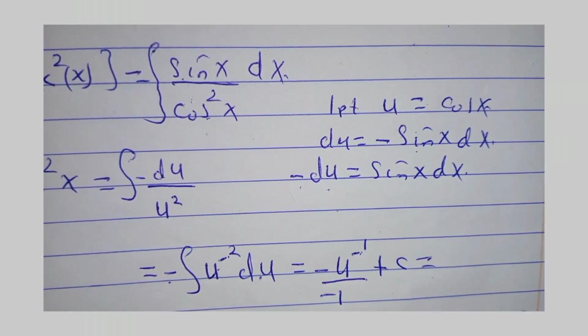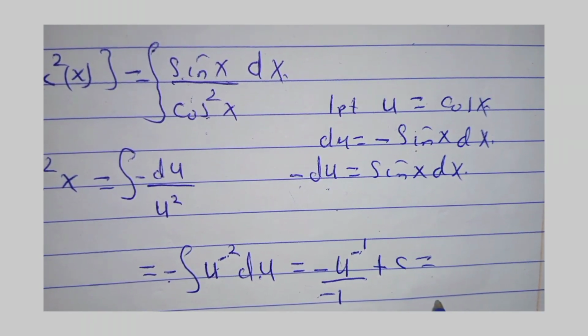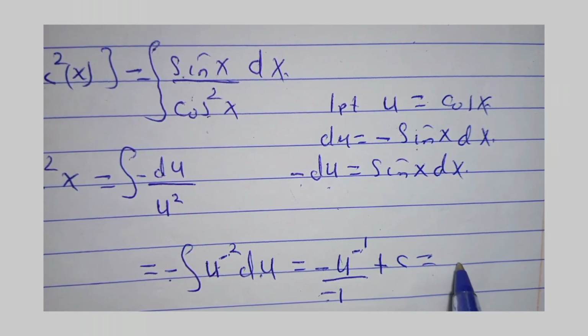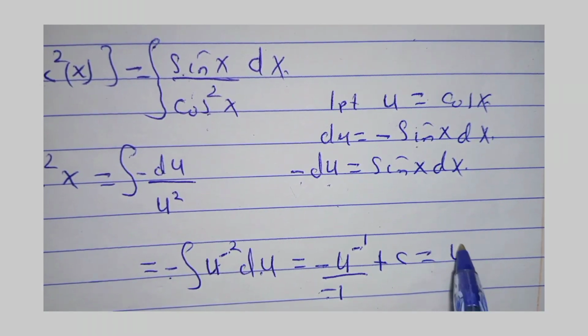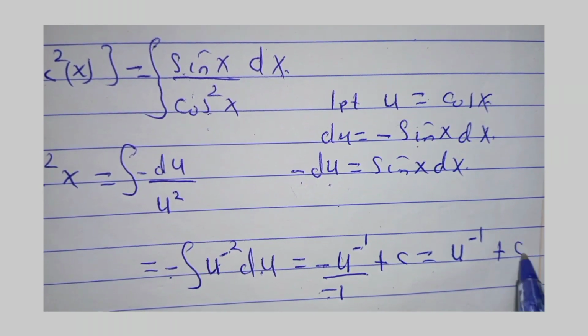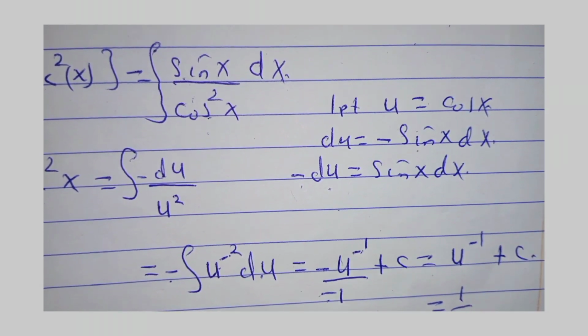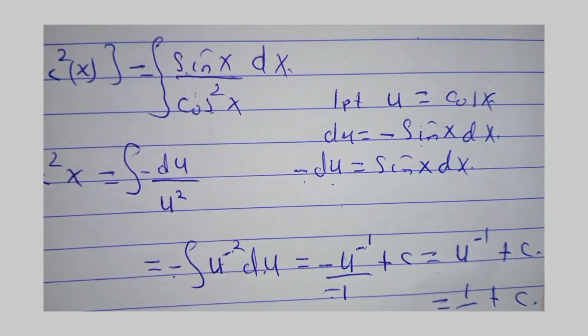This is equal to negative, and the negative will become positive. Negative 1 divided by negative 1 will become positive, and then you are going to have u power negative 1 plus constant c. You can write it as positive 1 over u plus constant c, meaning substitution here.